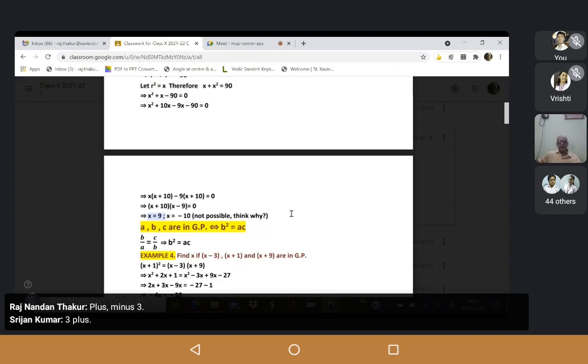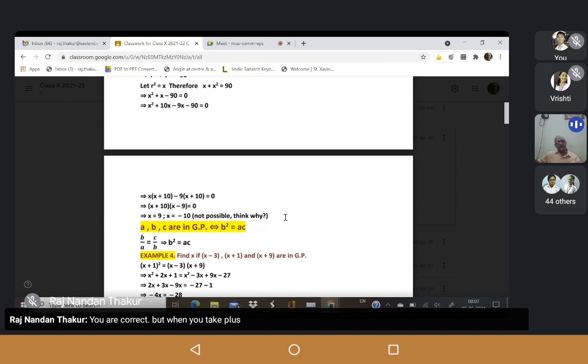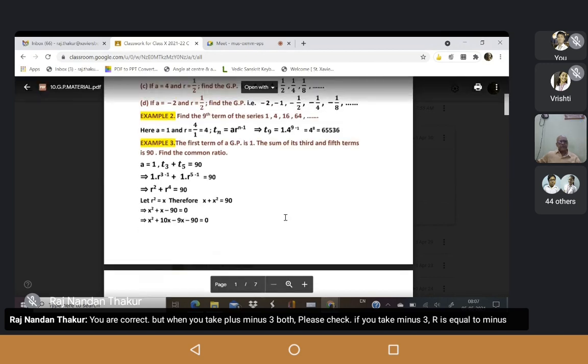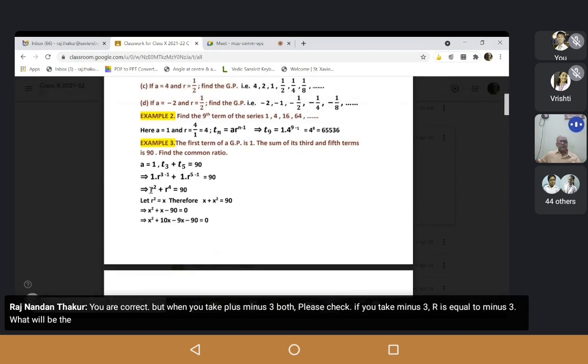You are correct. But when you take plus minus 3 both, please check. If you take R is equal to minus 3, what will be the third term? Plus 9 and plus 81. So it is okay.